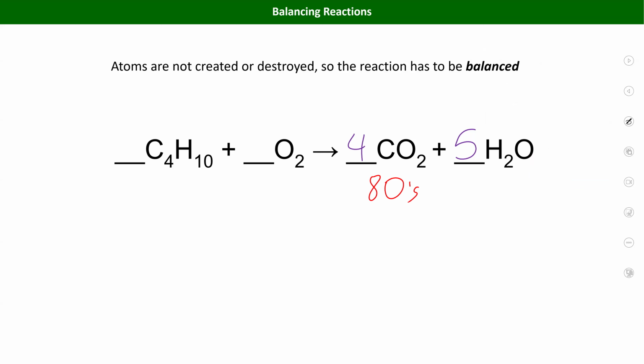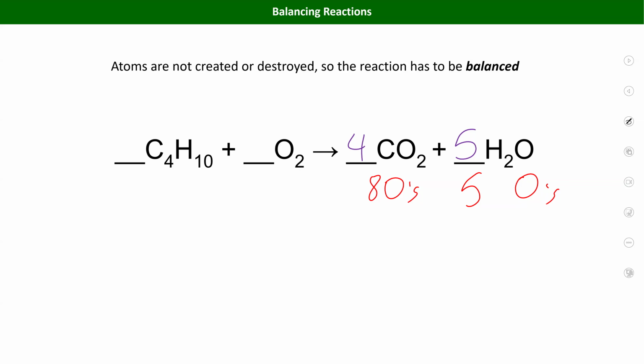And then we have 5 oxygens here, right? For a total of 13 oxygens. How many O2 molecules does it take to get 13 oxygens?